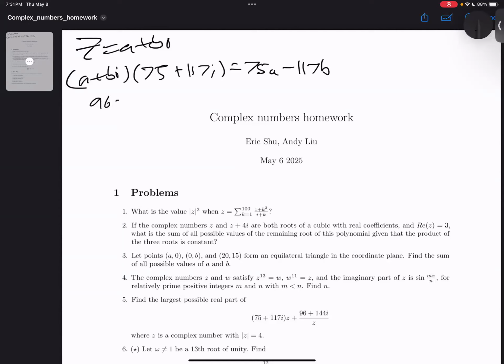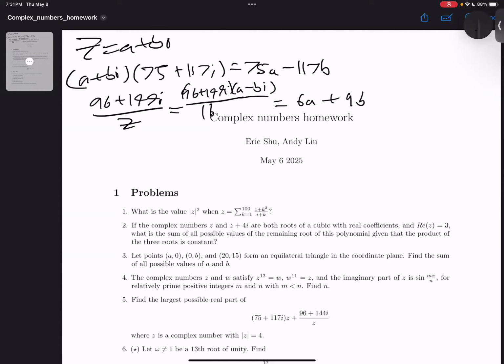On the other hand, for 96 plus 144i over z, that's equal to 96 plus 144i times the conjugate, which is a minus bi over 16. And so we can cancel out the 16. That gives us 6a plus 9b, right?